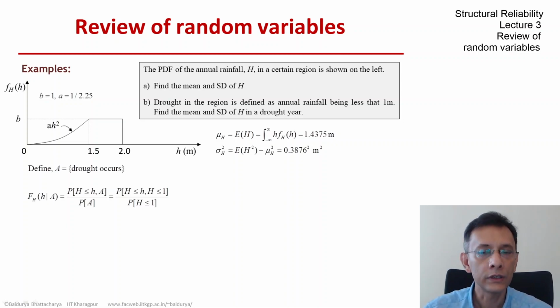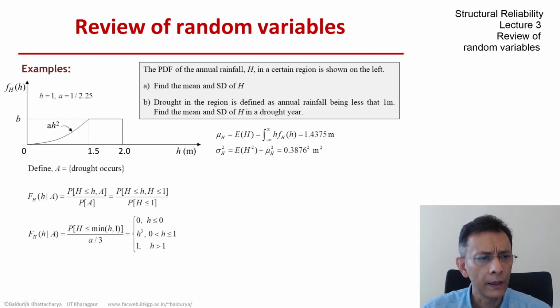Because H is a continuous random variable, the probability of H less than 1 and H less than or equal to 1 are the same. So if we now expand that, we get the distribution function defined in 3 ranges, as you see.